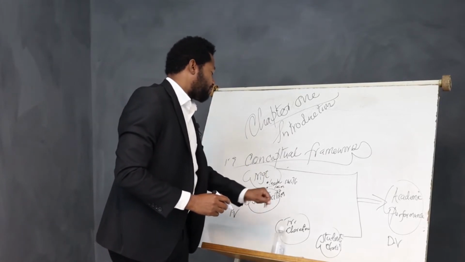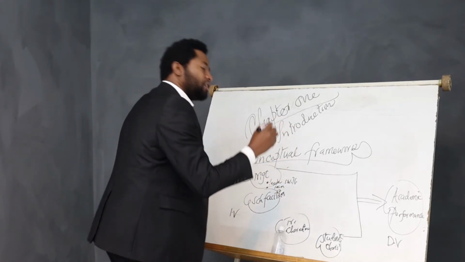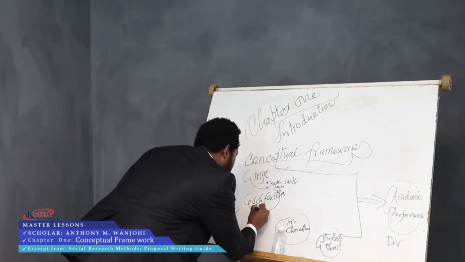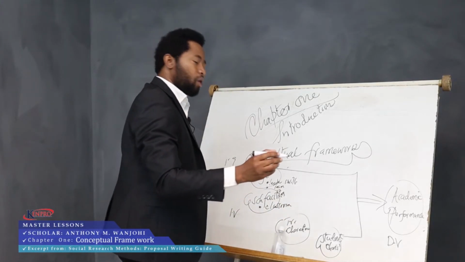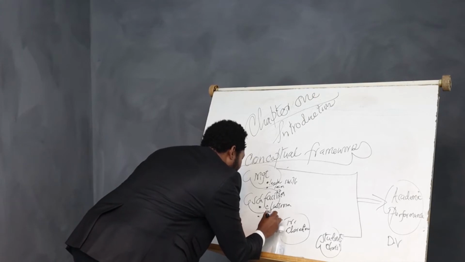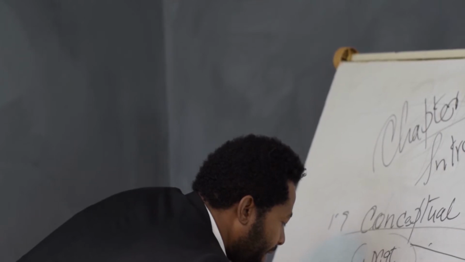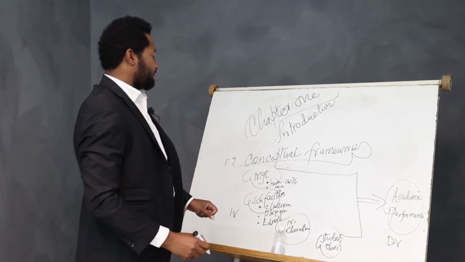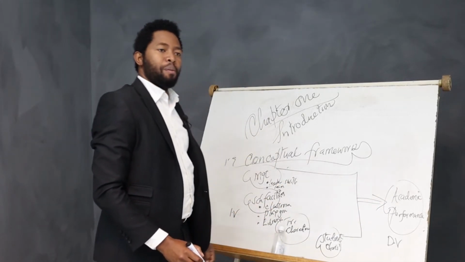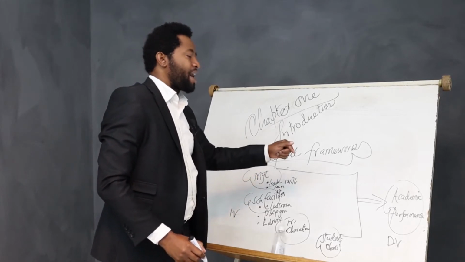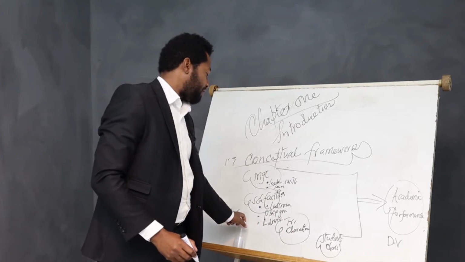And when you look at school facilities, in terms of teaching and learning resources, like classrooms, you're looking at adequacy of classrooms. You're looking at the playground. You're looking at the library. These are facilities that enhance academic performance among students. We are operationalizing the conceptual framework.